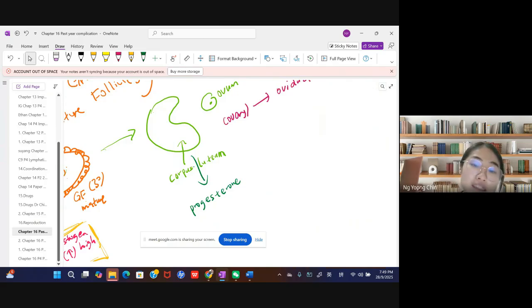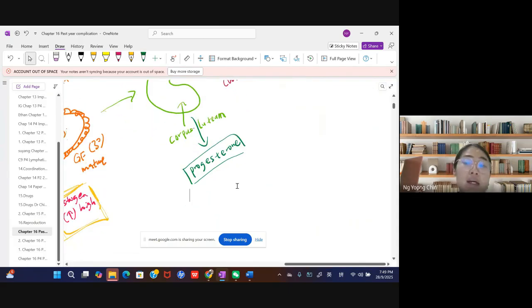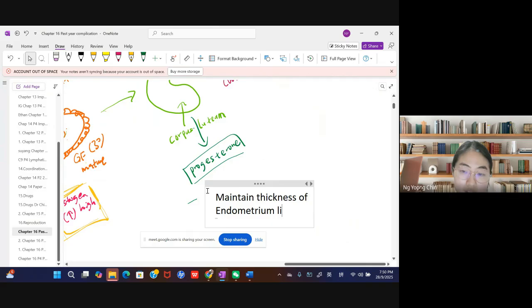So what is the function of this progesterone? Progesterone helps to maintain the thickness of the endometrial lining, 维持子宫内壁的厚度. This helps to prepare for pregnancy later.